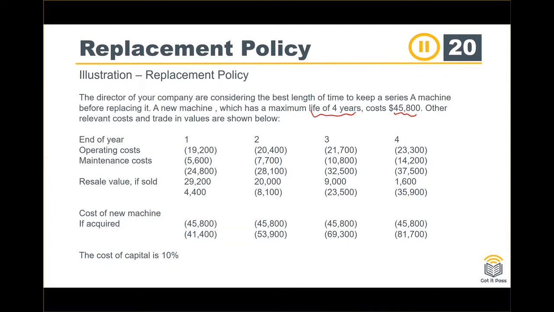So there's no inflation, so you can imagine the cost of the machine under each scenario is the same for every policy. So please work out, using the equivalent annual cost model, which policy should be adopted.